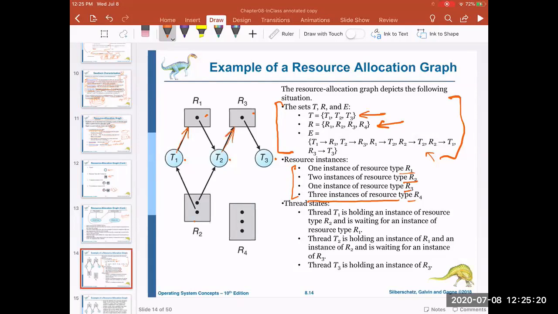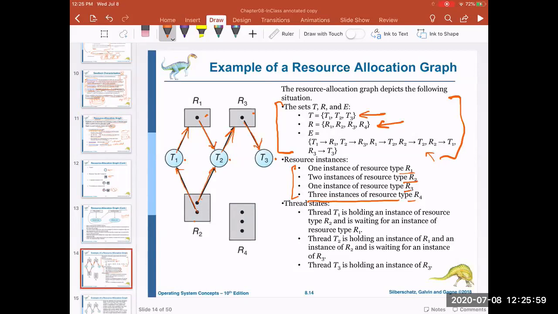Then R1 is allocated to T2. R2 is allocated to T2, and R2 is allocated to T1. Because R2 has two instances, it is possible. Then R3 is allocated to T3. So this is basically the graph.